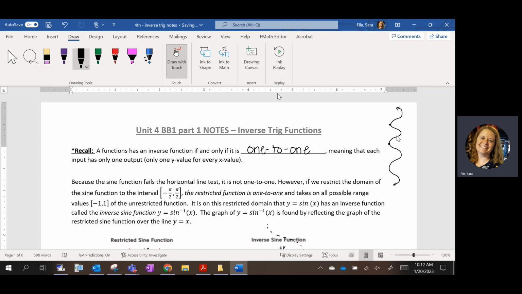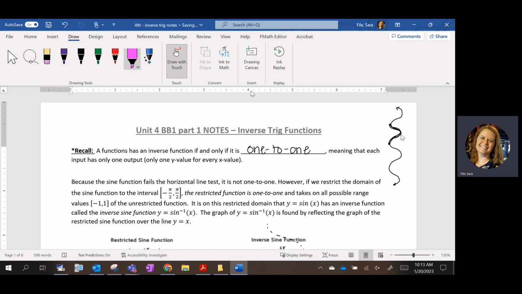That would be one cycle, because then the graph would start repeating itself. But if I looked at just one cycle, would that pass the vertical line test? Still wouldn't. So I've got to shorten it up even more.